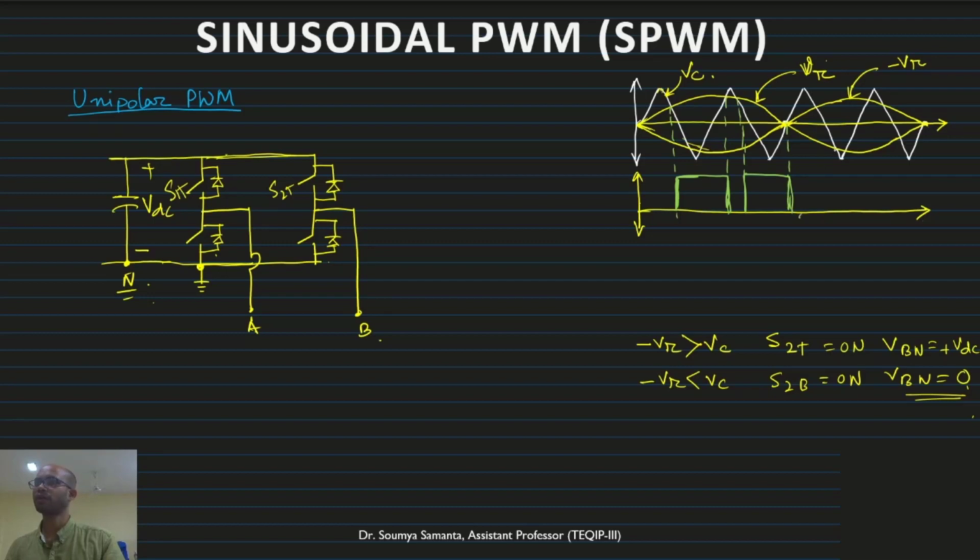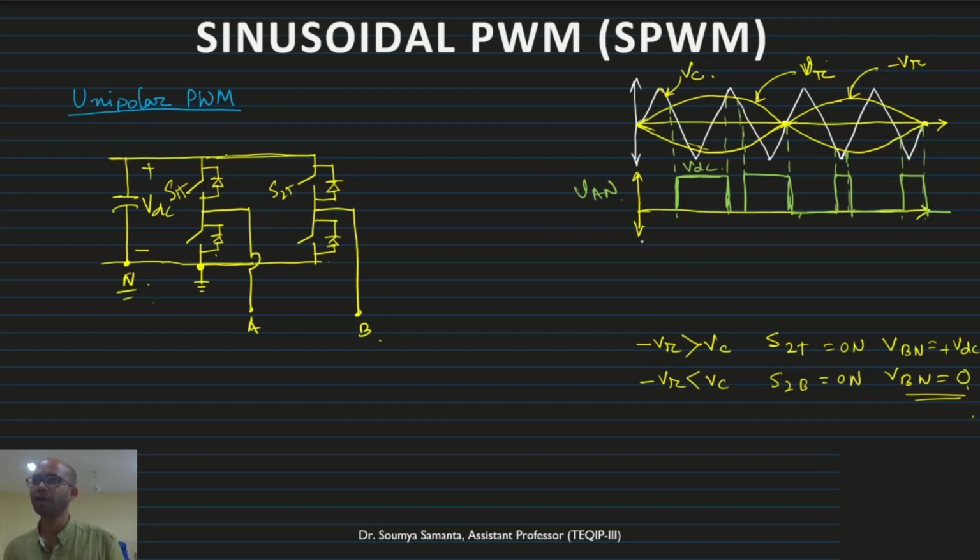Next, whenever this is coming here, there also we will get 0, and then here also it will come 0. So this is VAN. This one is VDC. This one is VDC.